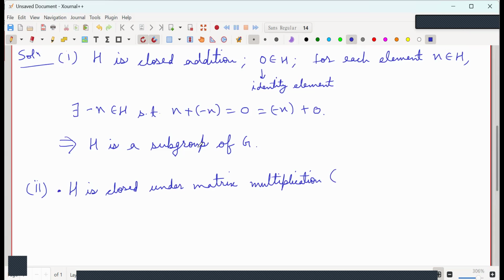Why is it so? Since product and sum of rationals is again a rational.